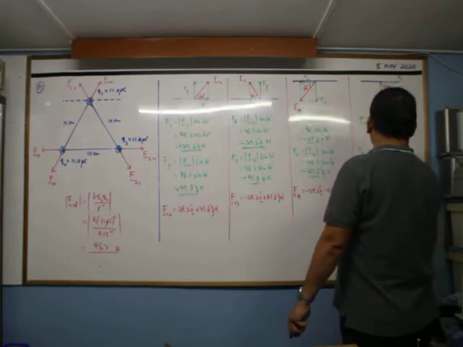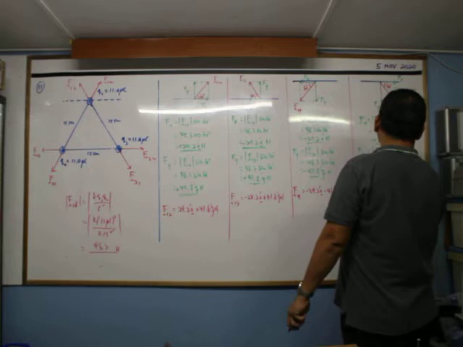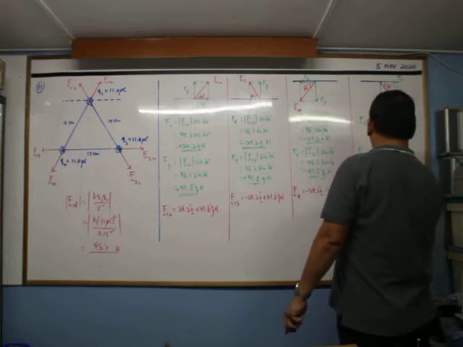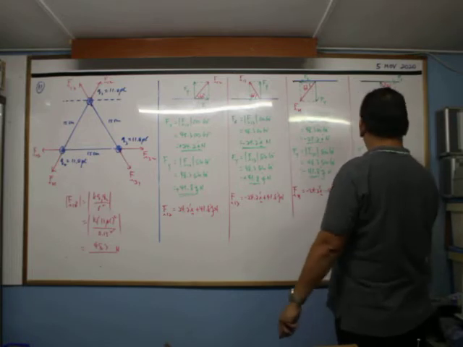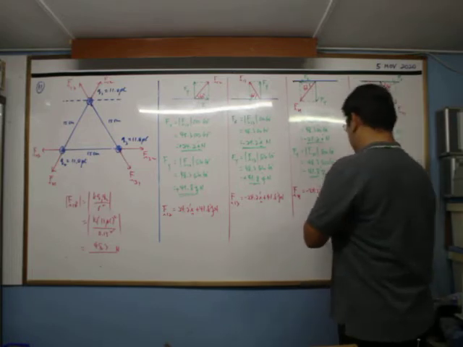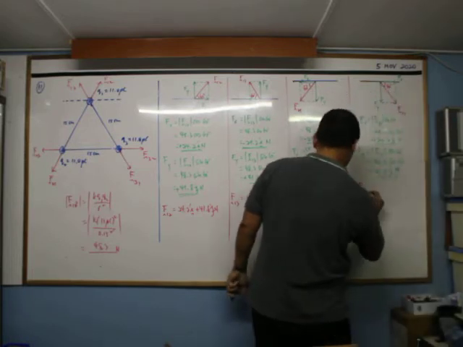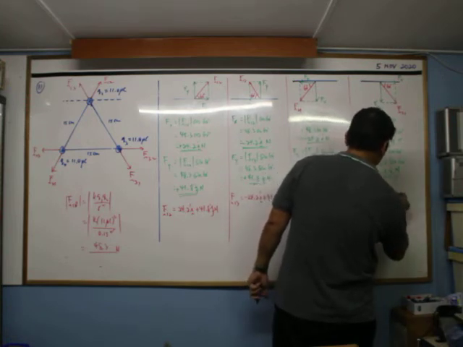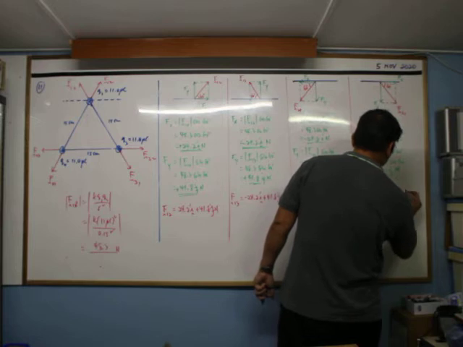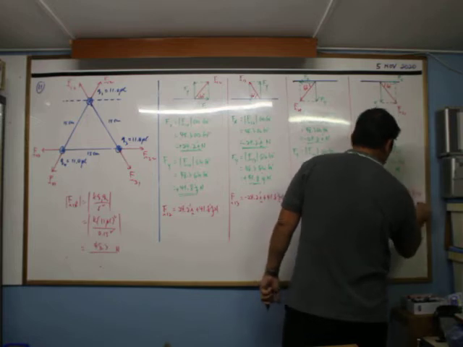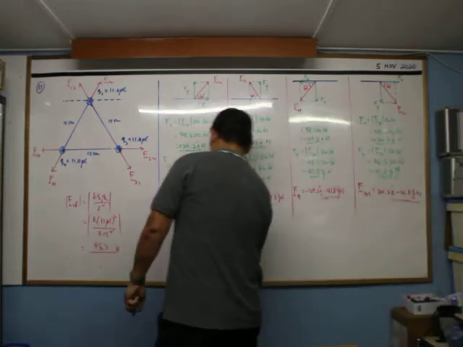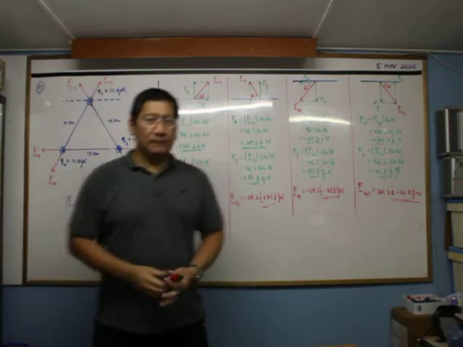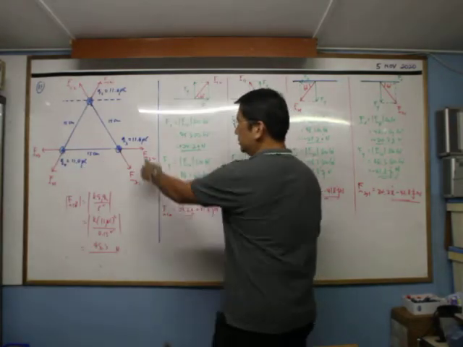That will be 48.3 sine 60, 41.8 Newton, but pointing downward, negative J. So finally we have the last difficult vector, which is 24.2 I minus 41.8 J Newton. Okay, all four of them. But we still have two more, which is this one.